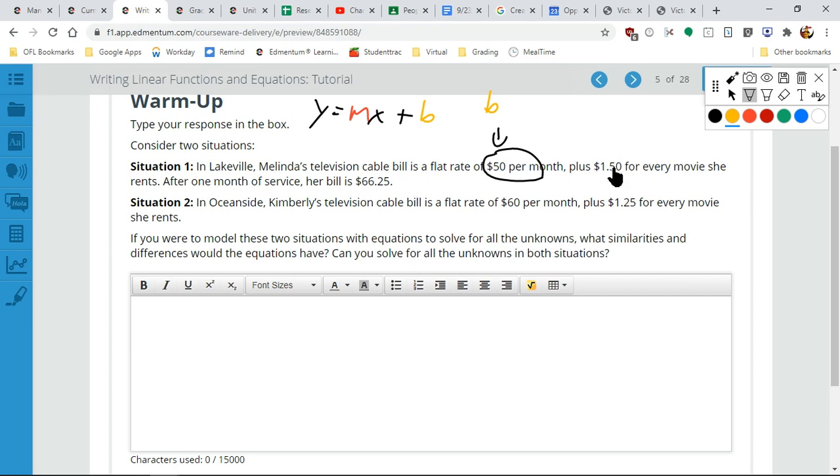Then it's $150 for every movie. I'd want her cable service if she only pays $150 for every movie. Her bill comes out to this much, so this is our y. We're going to solve for x, meaning how many movies she got. Right now, our m is dollars per movie.